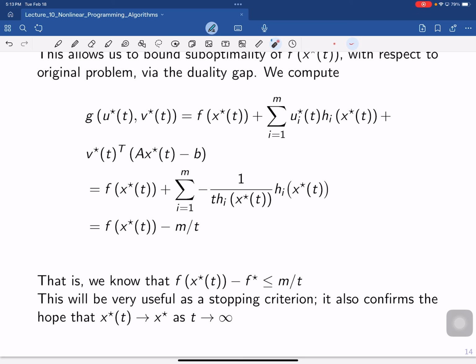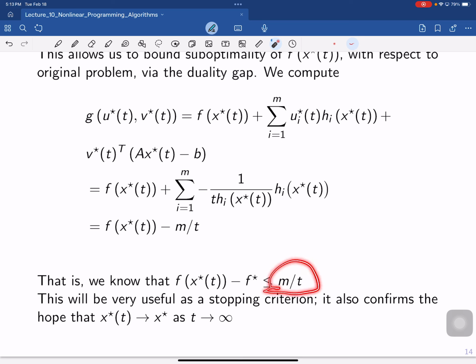The nice thing about this result is you don't even need to calculate the dual variable in order to get a bound for the log barrier problem, right? We didn't even explicitly calculate the dual variable. By derivation, we know that whenever you solve the primal problem for the log barrier problem, it is bounded to the optimal objective by m over t.